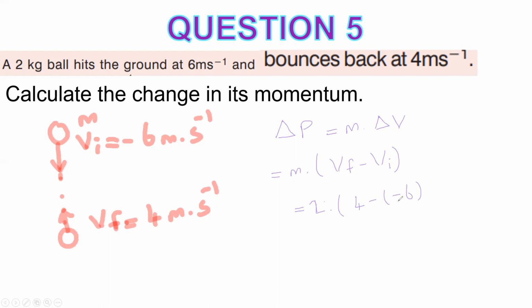So direction is very important. And let's close out the brackets. And finally, you are going to get 20 kg times meter per second. This is our impulse. Other name is change in momentum. We have done question 5.